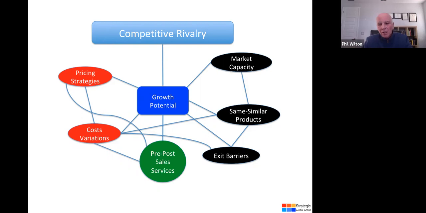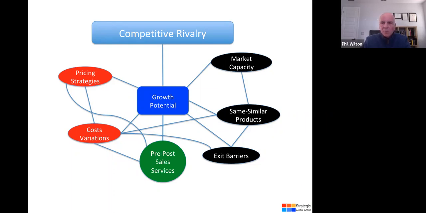And so if you hear similar comments from me, that's because they are all impacted and they all intertwine with each other. So on growth potential, you want to look, are your markets growing, stagnating, or declining?